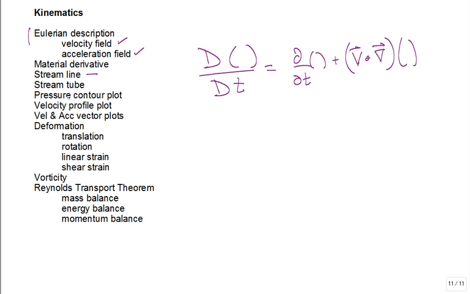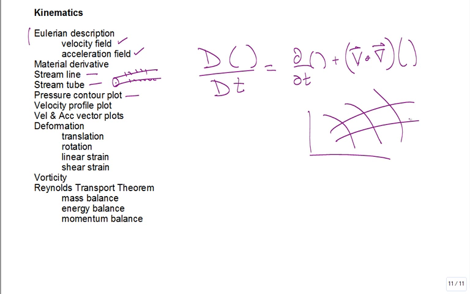If you choose to, you can put a little stream tube around that streamline, and now I have a little control volume with no flow across the boundary of that stream tube, just inlet on one end and outlet on the other end. We have contour plots. Be able to think about here's a region, that's a line of constant temperature, constant pressure lines, constant temperature lines, gradients.